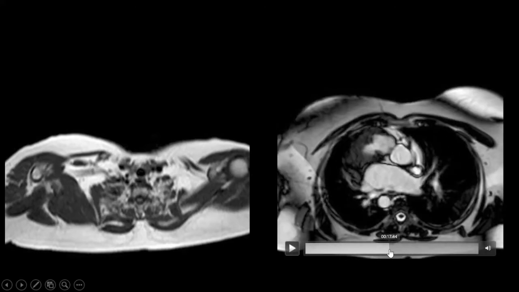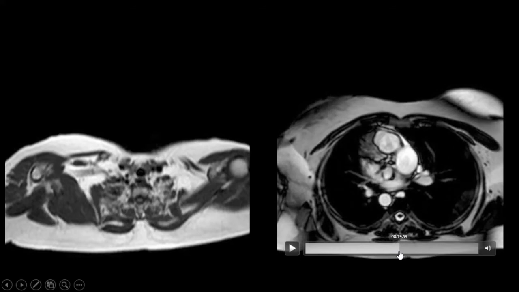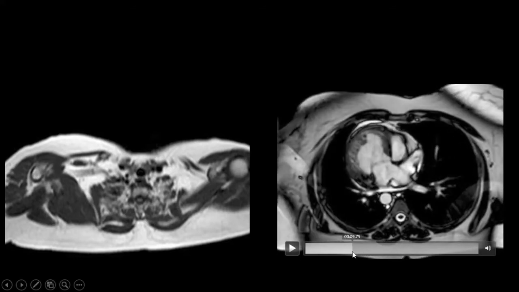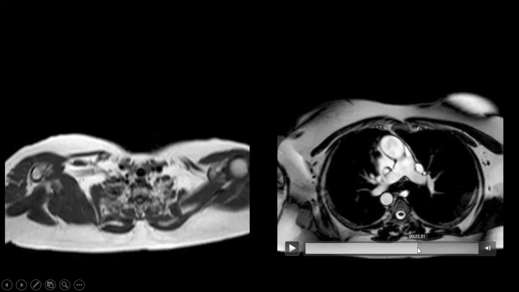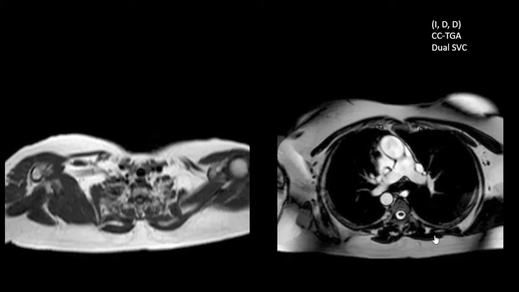The pulmonary veins drain into the right-sided morphological left atrium, which opens into the systemic right ventricle, which gives rise to the aorta. So this is again another case of congenitally corrected transposition of great arteries with IDD configuration and dual SVC.